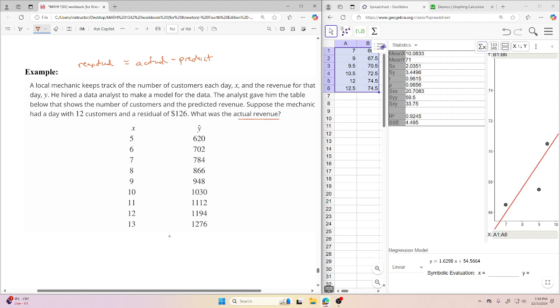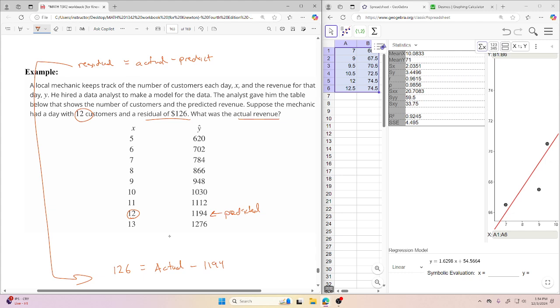All right, here we go. We have 12 customers. So there's my 12 right there. And then they have a residual of this much. And this right here is my predicted. So let's go and put it all together. Residual equals my actual minus my predicted.